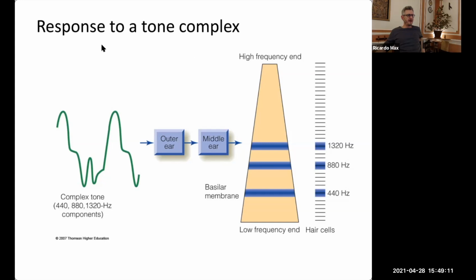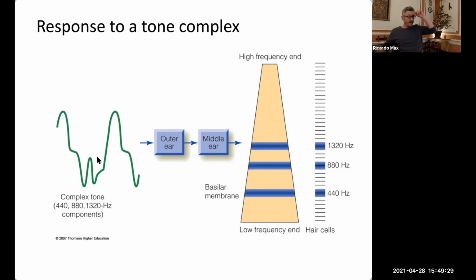So here we have a complex tone. And we have here 440 Hertz, 880, 1320.